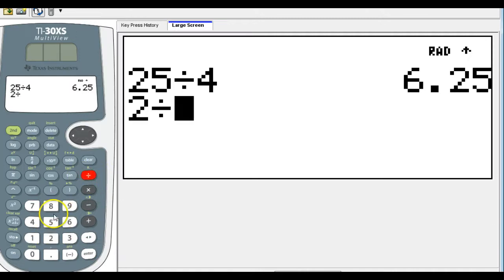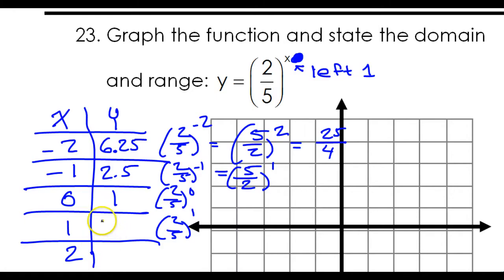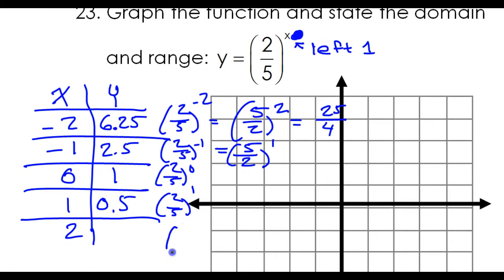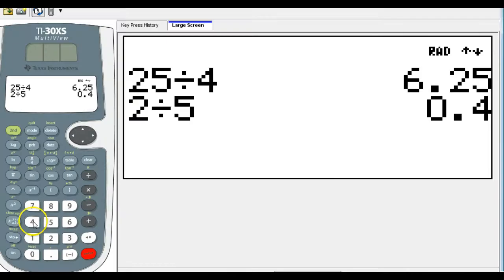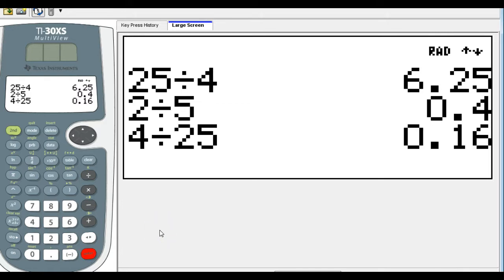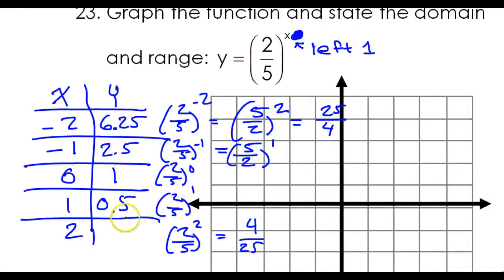Okay, 2 divided by 5 is 0.4, so it's a little bit less than half. And if I do 2/5 to the 2nd power, that's going to be 4/25. It's going to be a very small number, 0.16. Okay? Alright, very tiny.